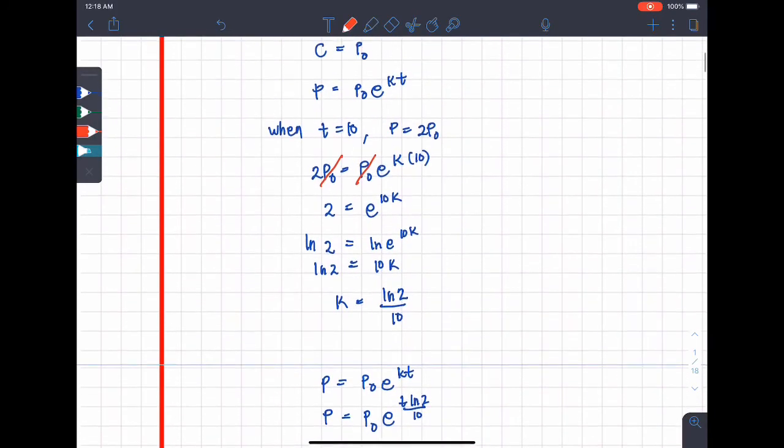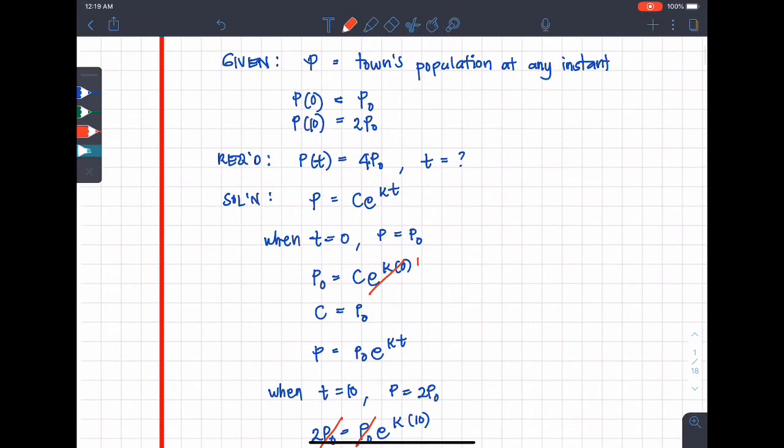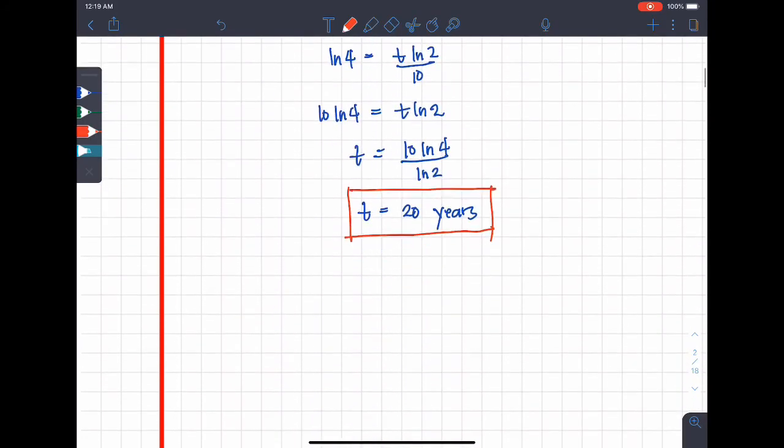Okay, so if initially the population is p sub 0 at time t equals 0, and it doubles after 10 years, it will quadruple after 20 years. So that is what the first problem is all about.